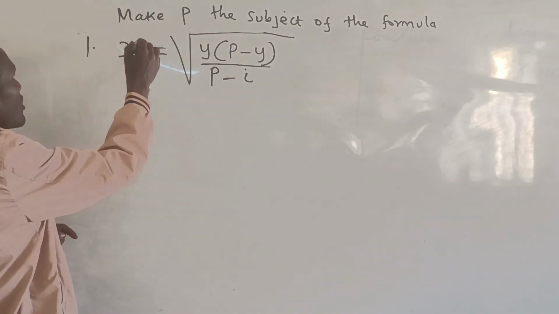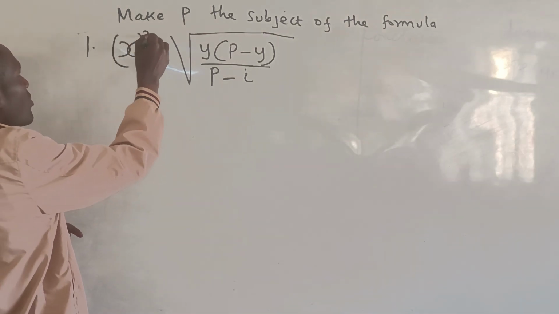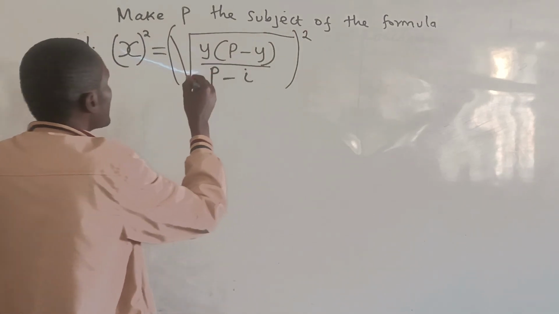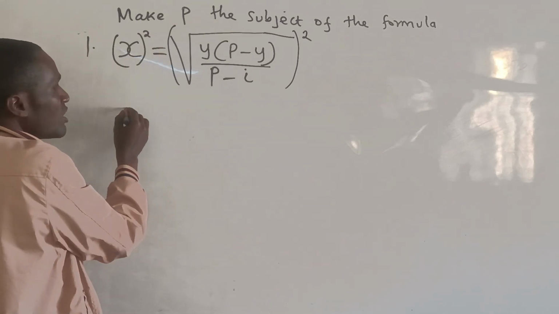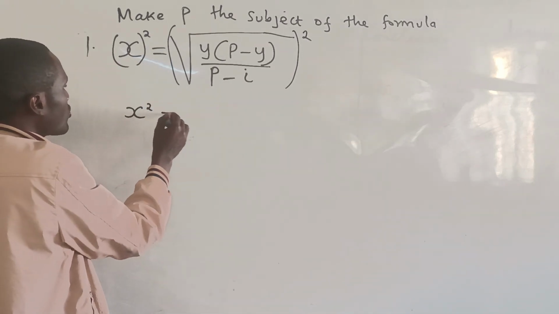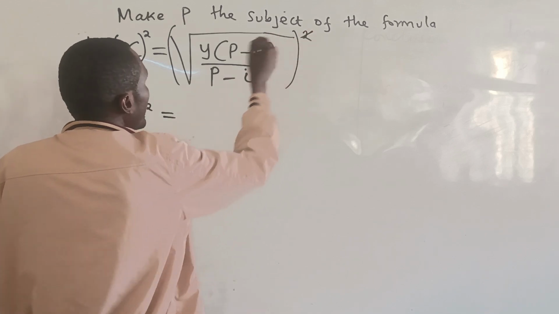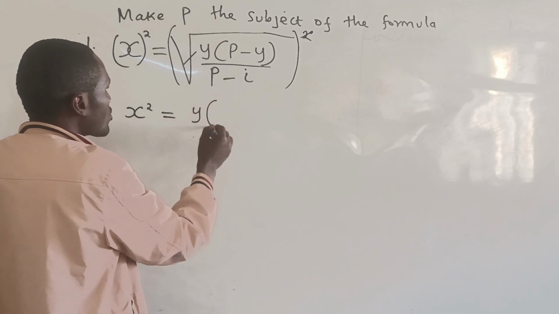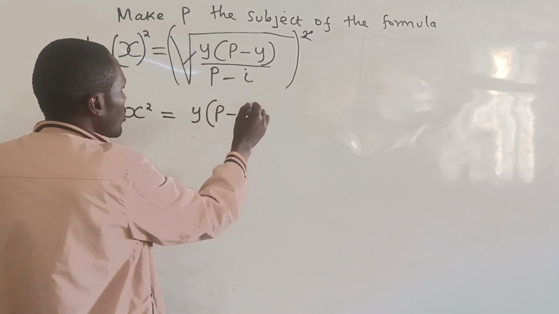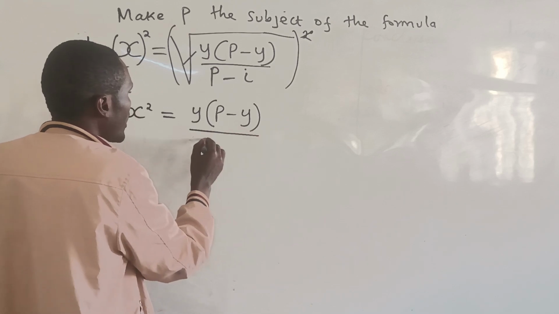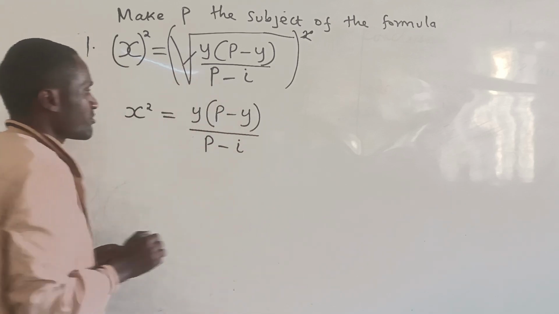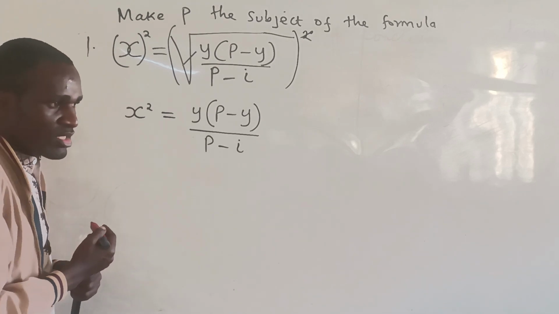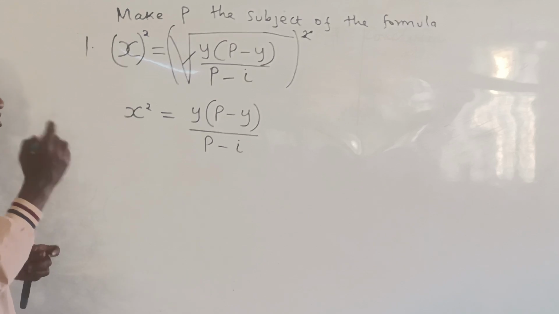So x squared will be equal to y into p minus y, close the brackets, all put over p minus I. You see, the square root has been removed. In any case, you're supposed to do that as your first step.